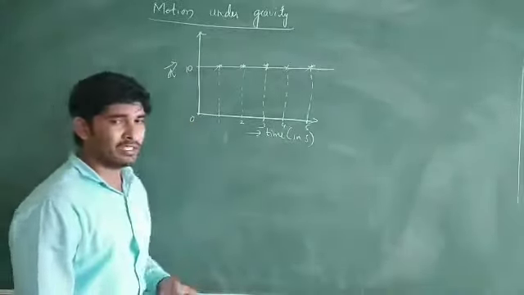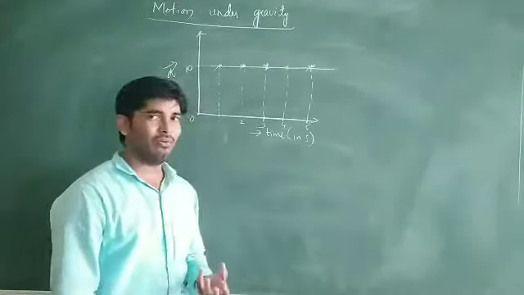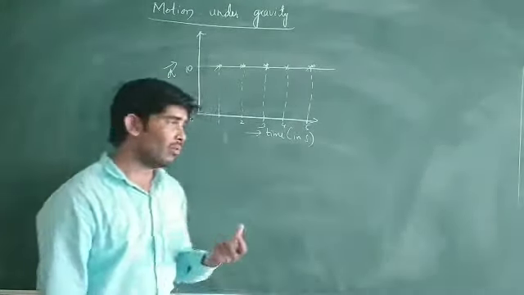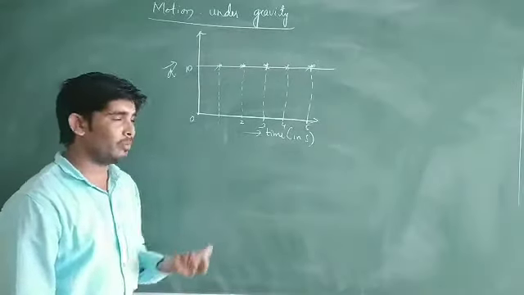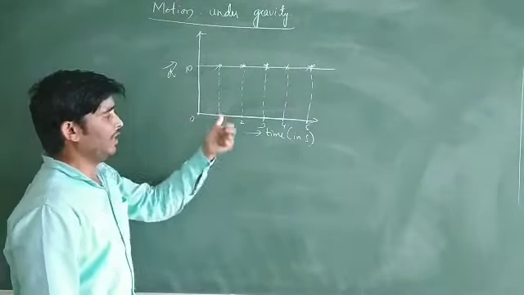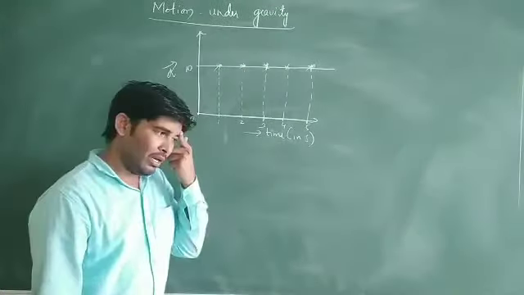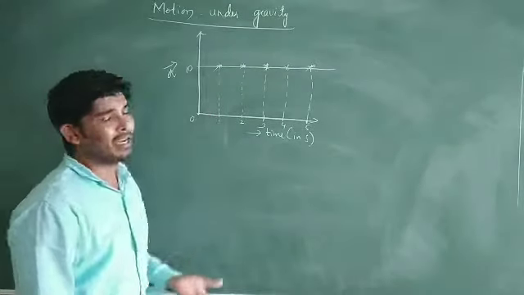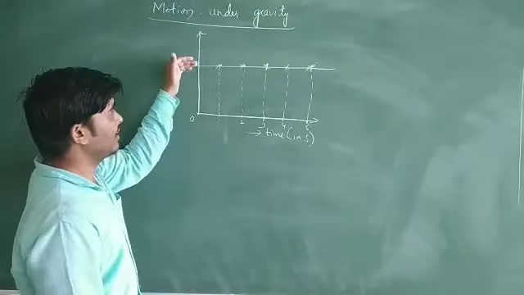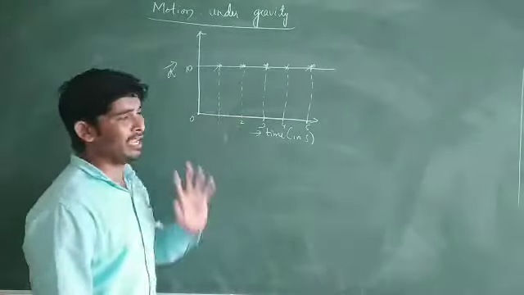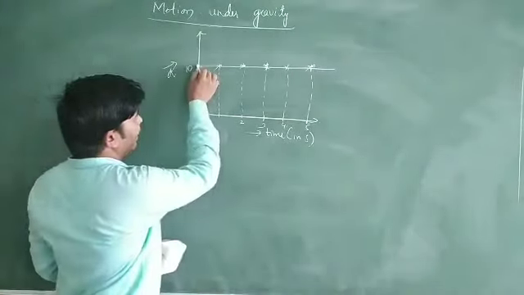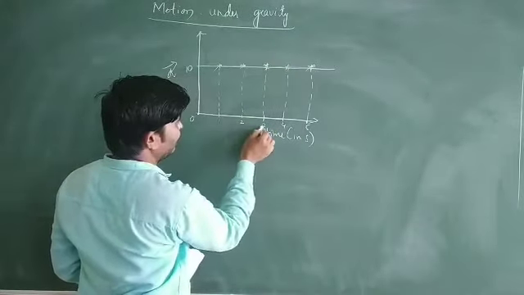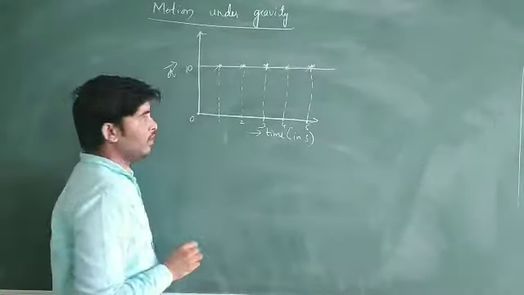This acceleration time graph can be used to obtain the velocity time graph. How do we obtain the velocity time graph from this acceleration time graph? To find the velocity, we need to find the area enclosed between the acceleration time graph and the time axis, or the area enclosed between the straight line and the time axis after each interval of time.